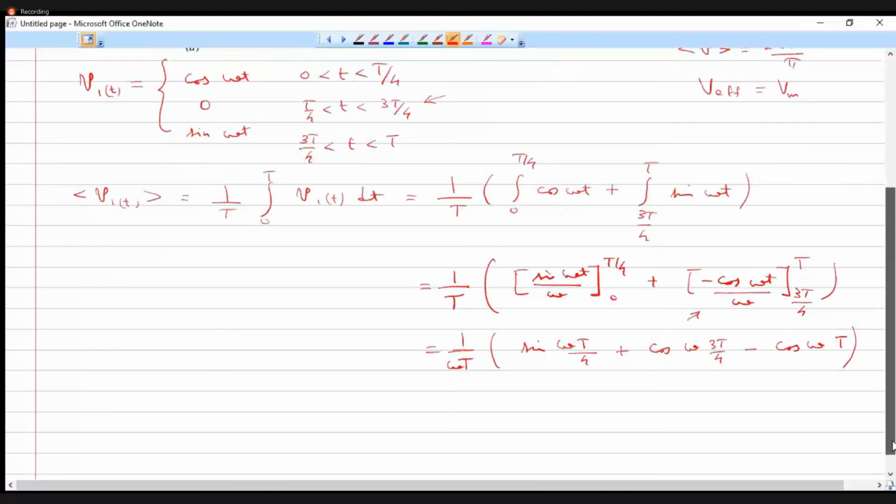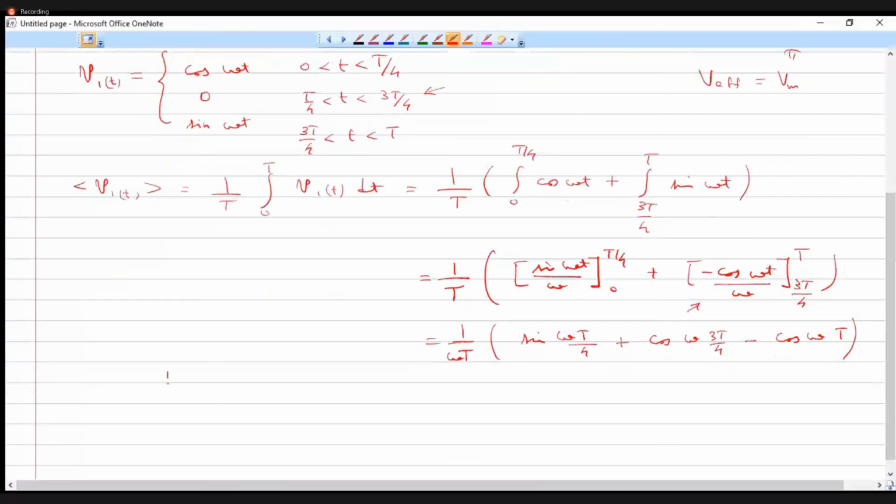Once I write this, I should know the time period T for a sinusoidal function. Omega is equal to 2 pi by T, so T is equal to 2 pi by omega.